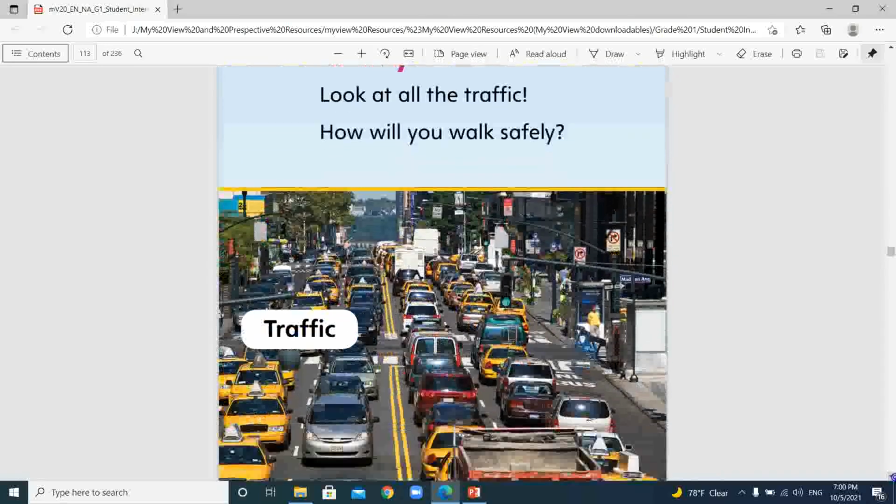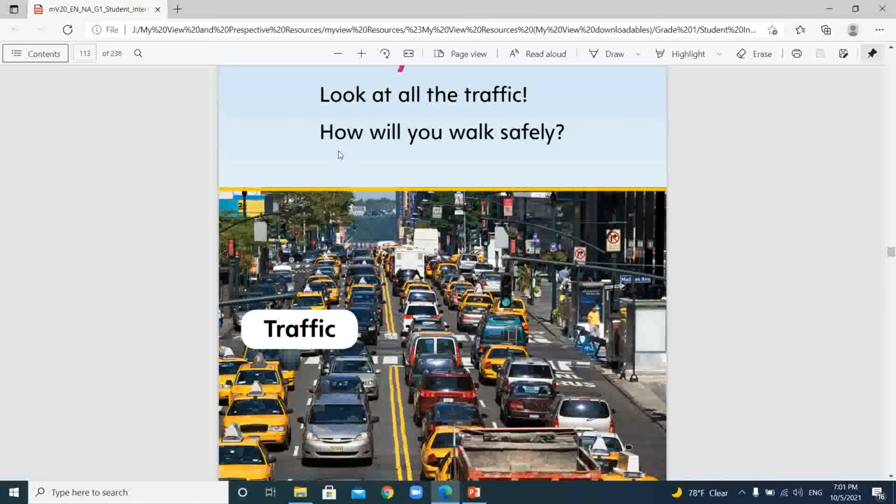Do you guys remember what the word traffic is? Okay? If you don't remember, here's a picture and here's a label. If you look, you'll find many cars, many taxis, many trucks. So traffic means there are plenty or many cars and buses on the street.